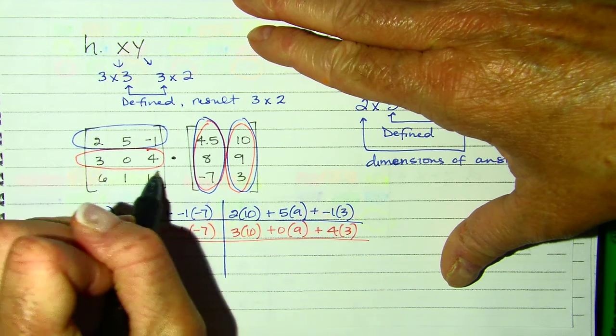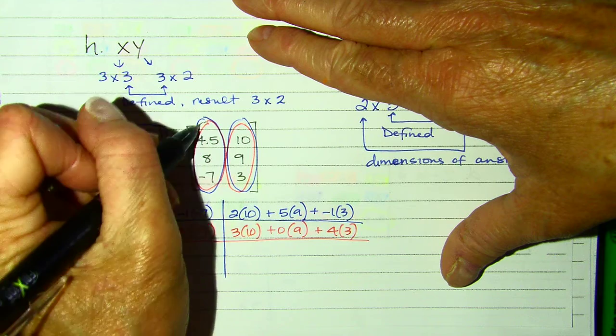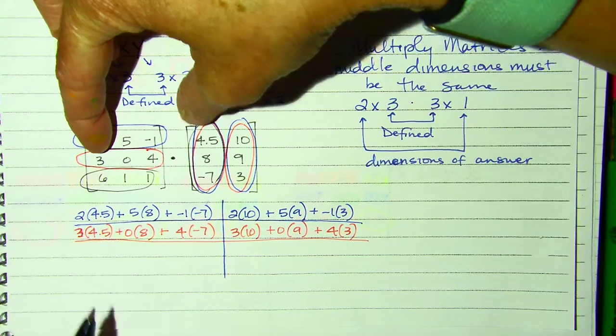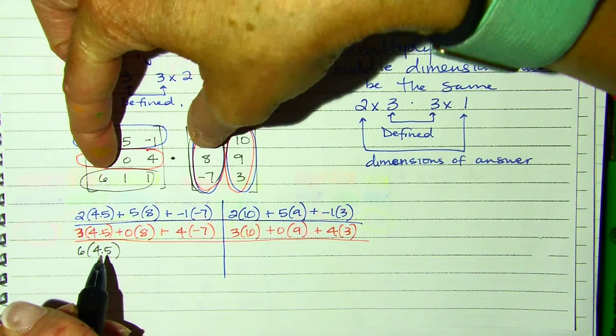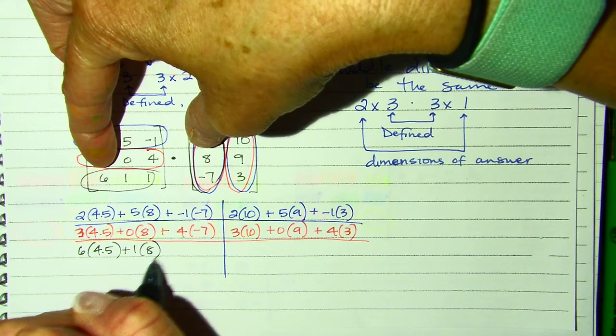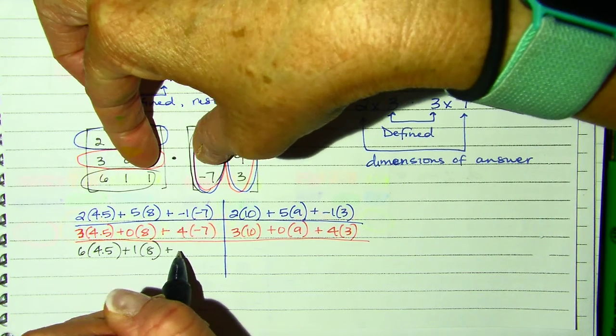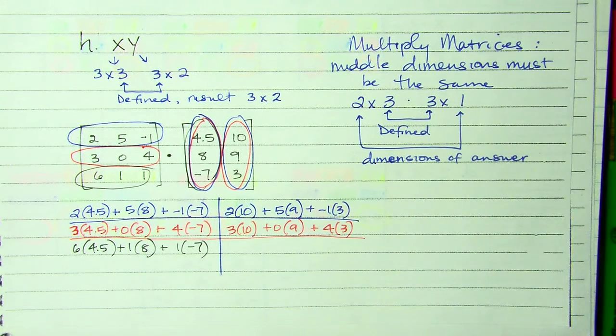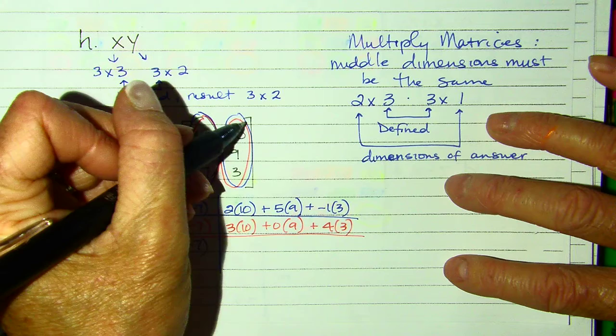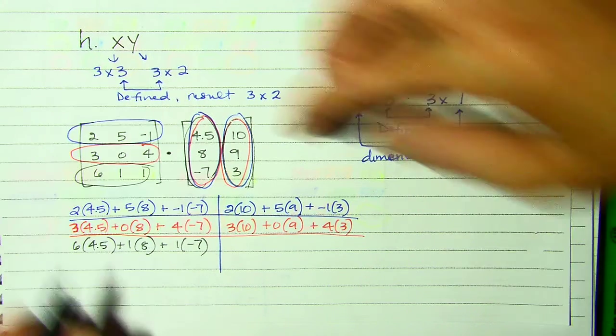Now the final, third row times the first column. So 6 times 4.5 plus 1 times 8 plus 1 times negative 7. And notice the numbers in parentheses should match. And then finally, third row times second column.